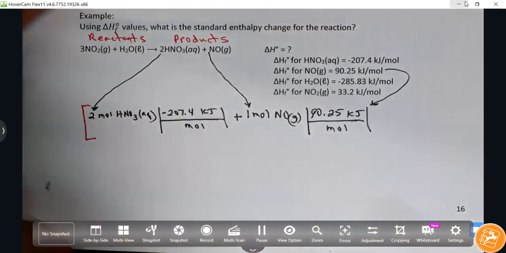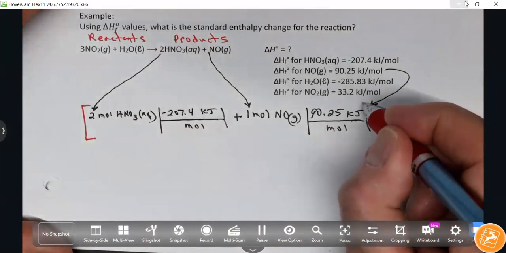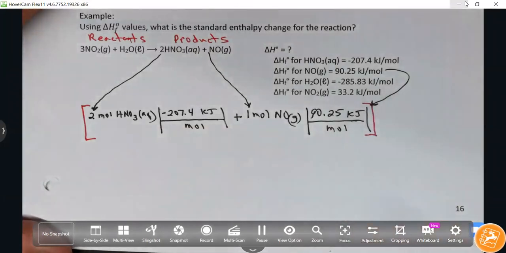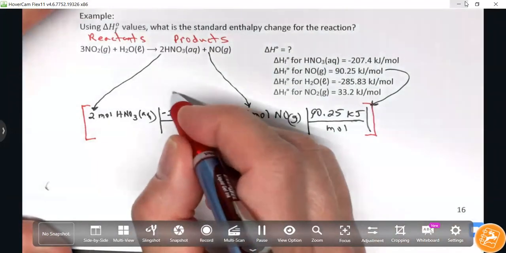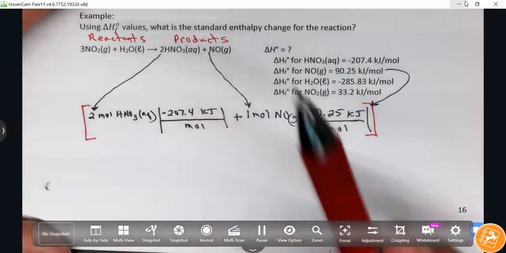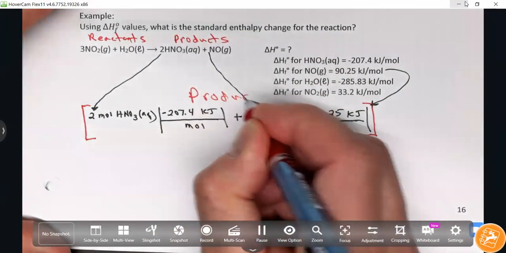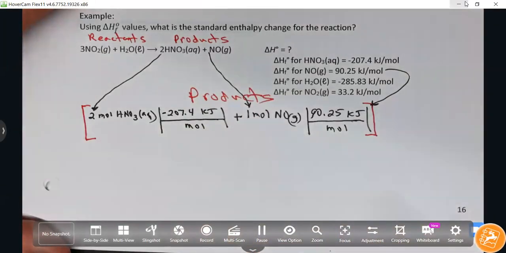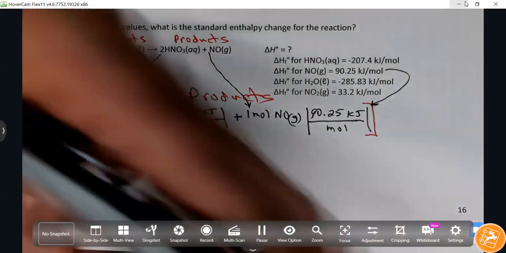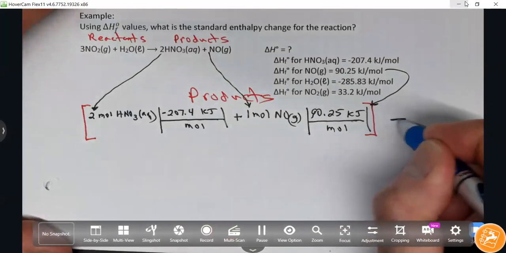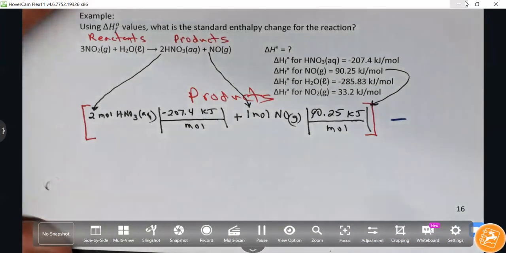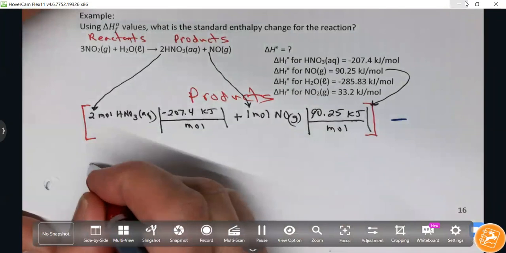Now that's it for products, right? So I'm going to close my bracket. All of this is my summation of products. I need to put a big subtraction sign here. I'm going to do the same thing for the reactants. Products minus reactants.